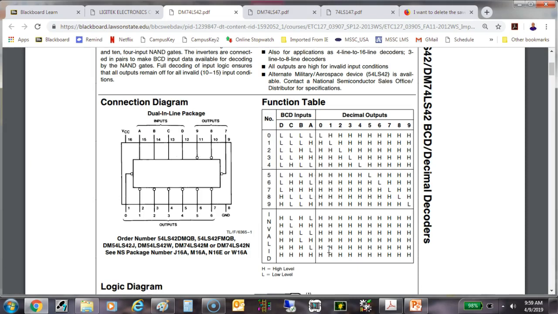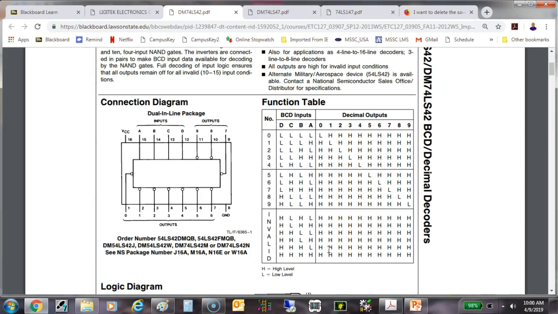So now we've got a chip that does basically the same as the standard series, but it consumes less power. And if it consumes less power, that means my power supplies can be smaller, which means my design can be cheaper. So when the LS series came out, it basically did away with the standard series.